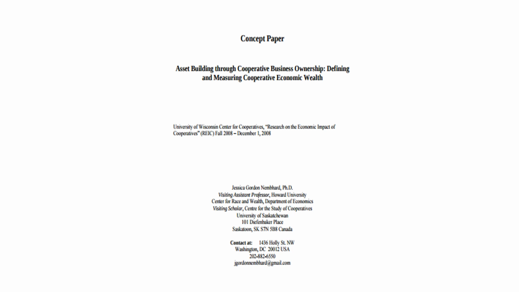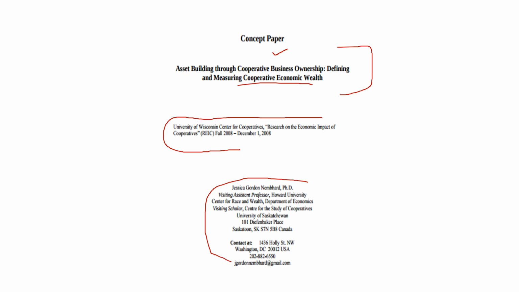So this is an example of a title or the cover page first. Here you have already the title of your concept paper. In this one, the concept paper title is Asset Building Through Cooperative Business Ownership, Defining and Measuring Cooperative Economic Wealth. Then they have the proponents, who will be accepting the concept paper, and other relevant details.